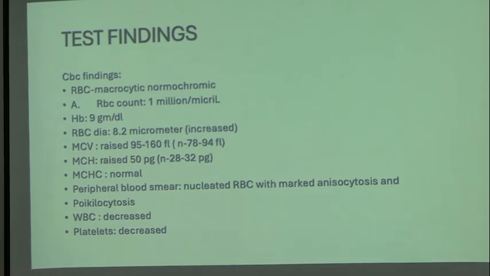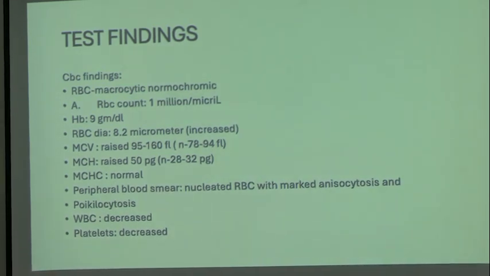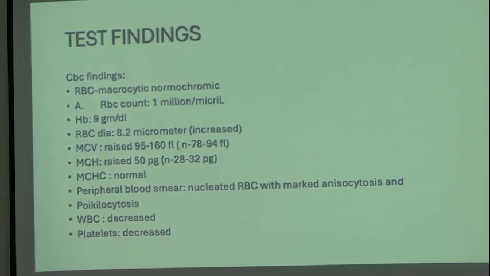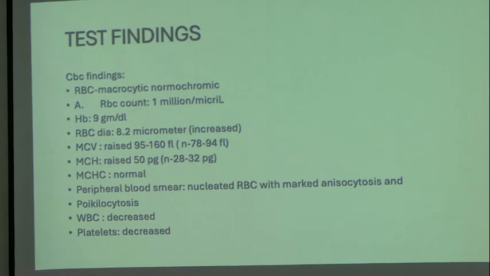As a whole, the count is decreased and hemoglobin level is also increased. But when you consider a cell, though its size is increased, the hemoglobin content is normal, meaning according to the size, it is normal.